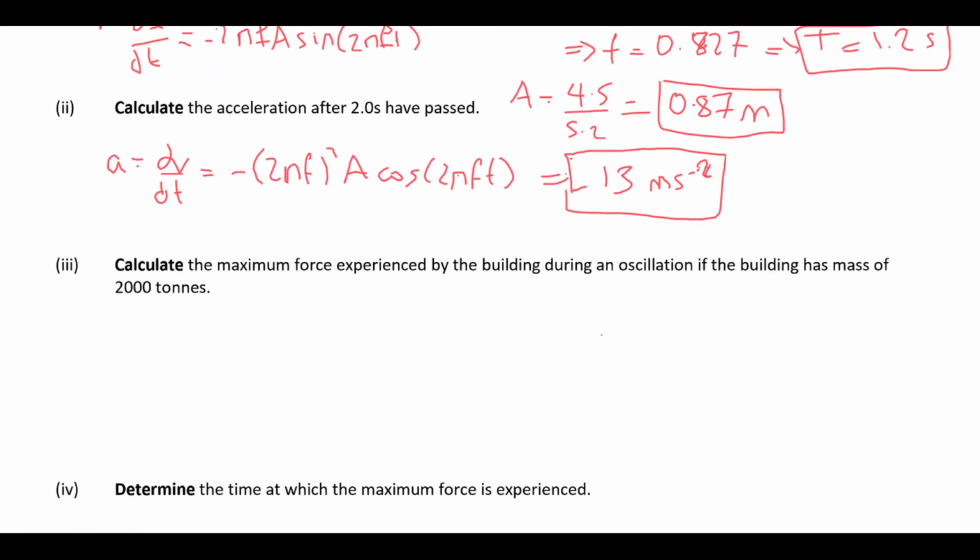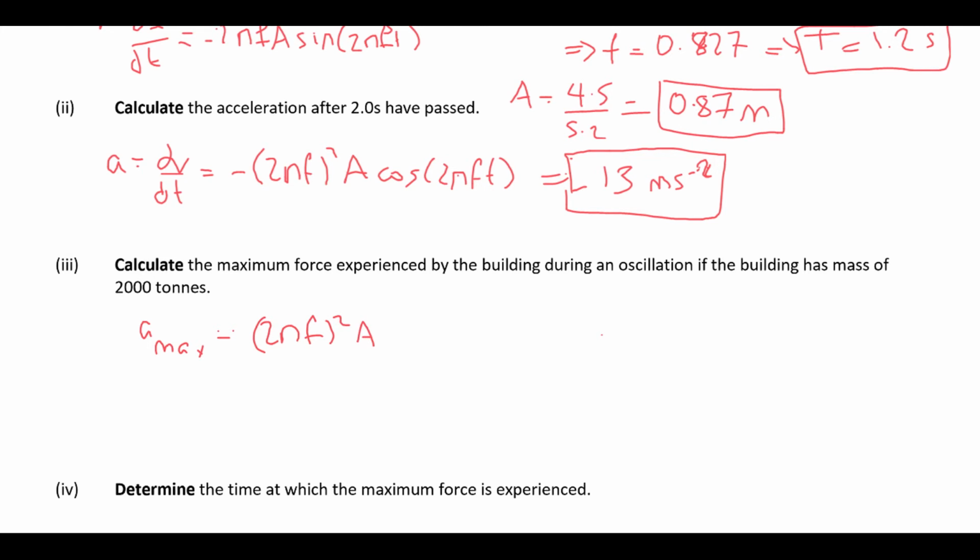Calculate the maximum force experienced by the building. First we would need to work out what the maximum acceleration was. That's going to be 2 pi f squared a.